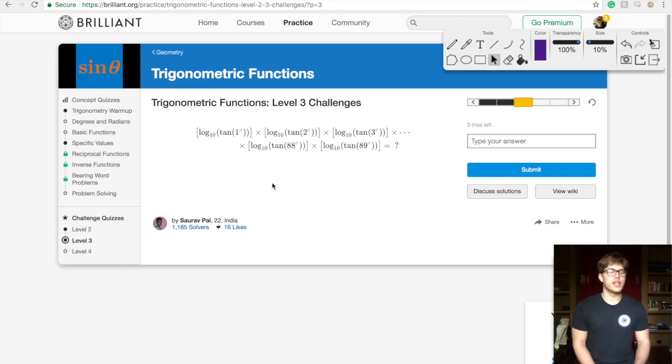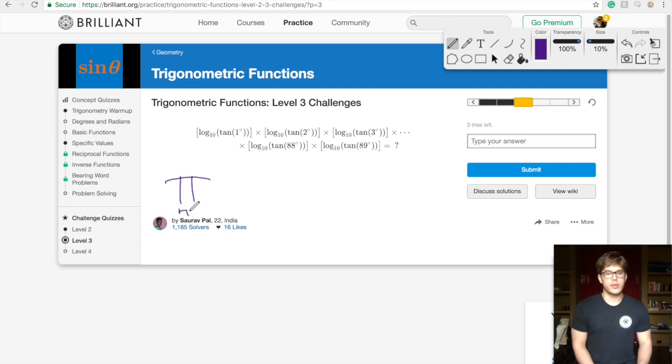What does this problem say? All right, so we need to know about logarithms and tangent for this problem. So what's happening here? Well, what does the problem even say? It's asking for the product of, and this is just a symbol for a chain of products, capital Pi, that is.